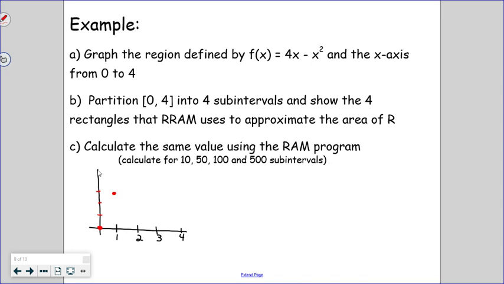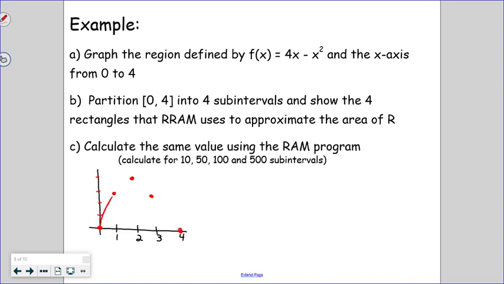Plug 2 in there: 2 times 4 is 8, minus 2 squared would be 4. Plug 3 in there: 3 times 4 is 12, minus 9 is 3. And 4 times 4 is 16, minus 4 squared is 0.